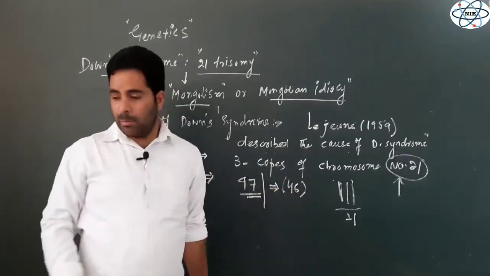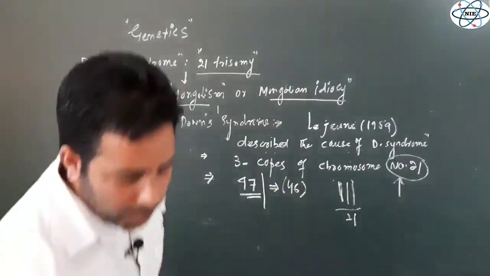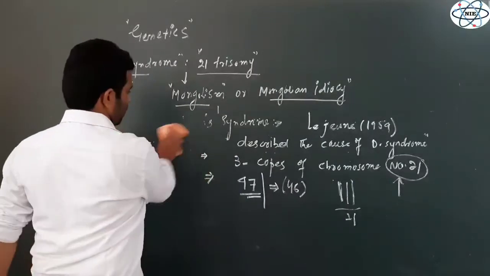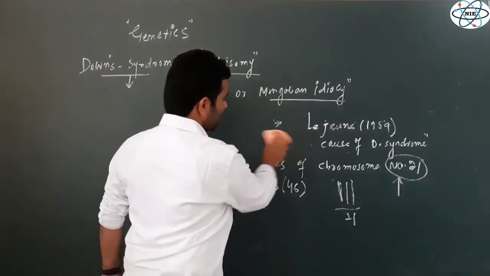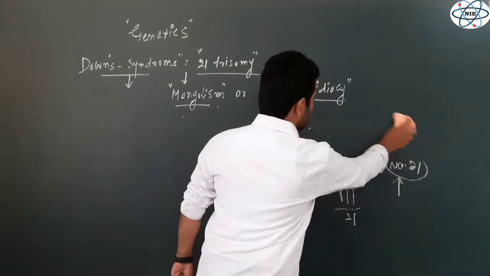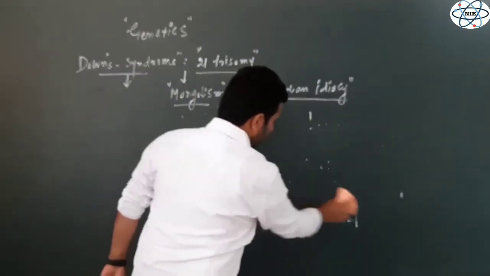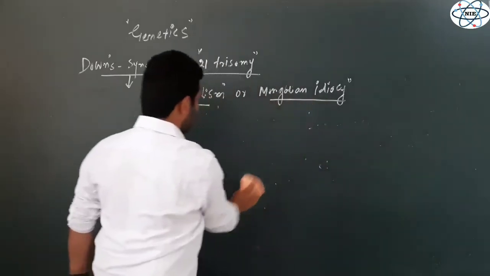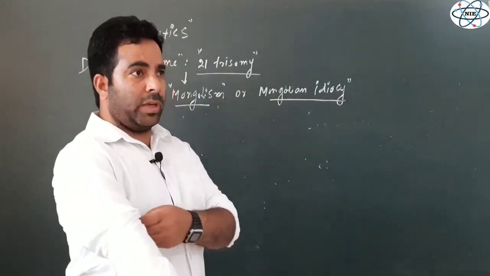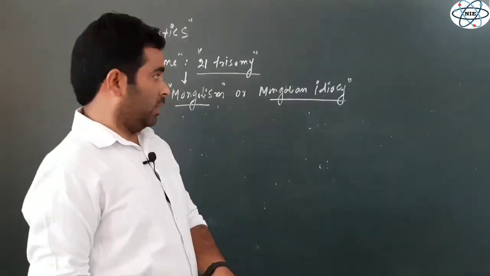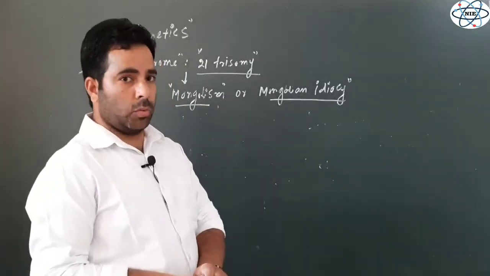You can understand this point better if I show you the other chromosomes as well. For example, we have developed the karyotype. Karyotype means where we determine the shape, size and the number of the chromosomes, right?